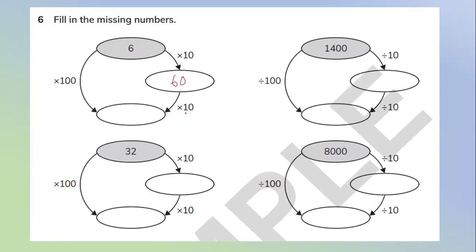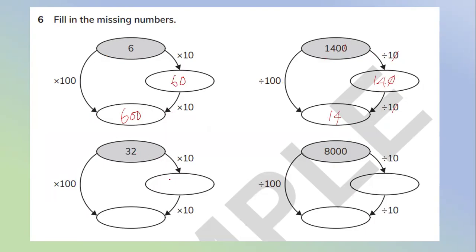Another times 10 is 600. 6 times 100 is 600. 1,400 divided by 10, we have to remove 1 zero. It becomes 140. Now the division with 10 again, it is 14. 1,400 divided by 100 is 14.